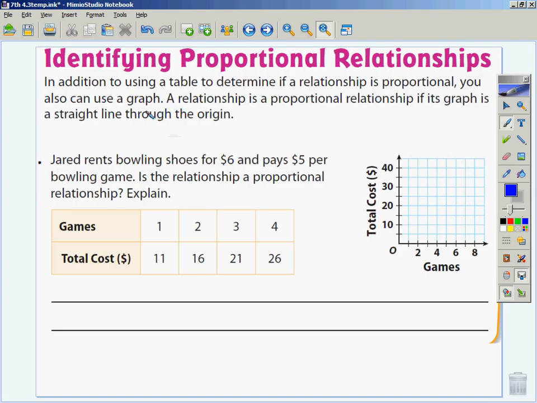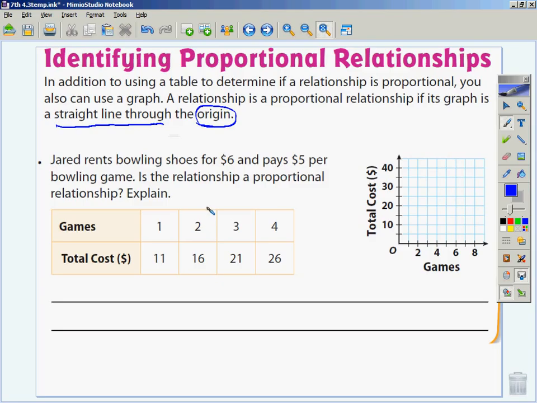Should be on the next page, and you should see this. It says identifying proportional relationships. Everybody see it? Please take the time to underline: straight line through the origin. If you're looking at a graph, you don't need to figure out anything else.